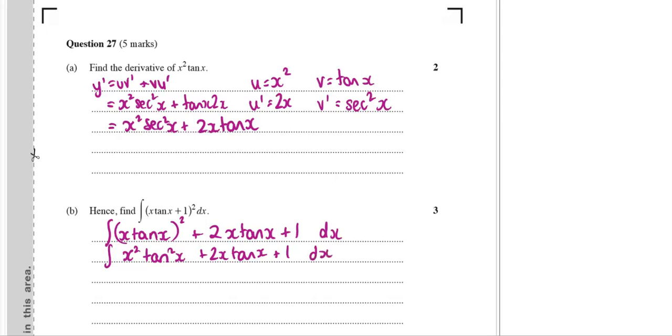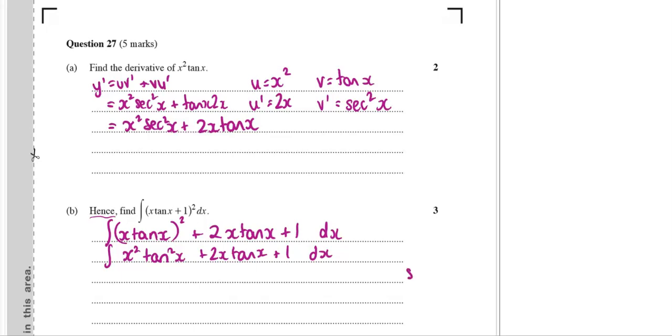All right, so the fact that they say hence means I know it's going to be useful to use part A above, but part A will help me integrate x squared sec squared x plus 2x tan x. But I can create that by remembering my trig identities.